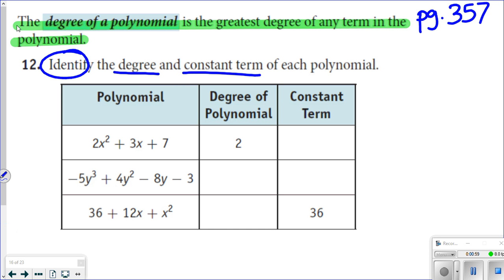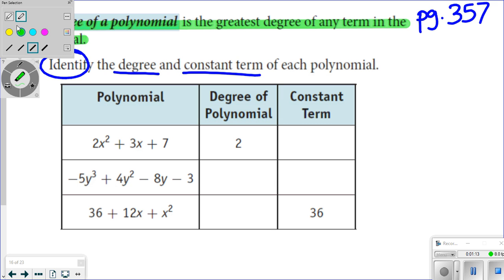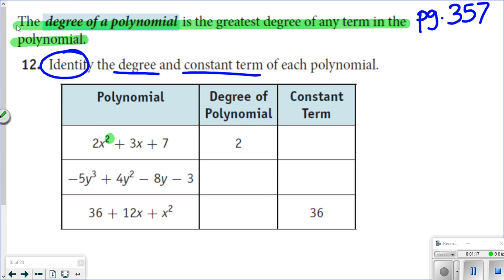Okay, so if I'm looking at this first row, 2x squared plus 3x plus 7, the degree of this polynomial is 2 because that is the largest or the highest or the biggest exponent. Now remember, the constant term is a number by itself, a number without a variable. So the constant term here is 7.